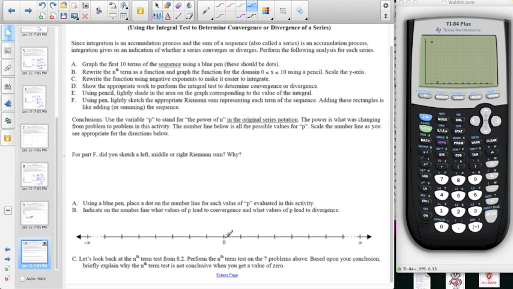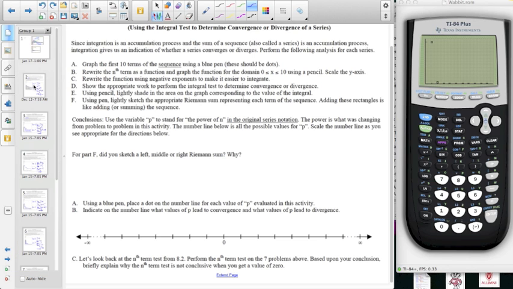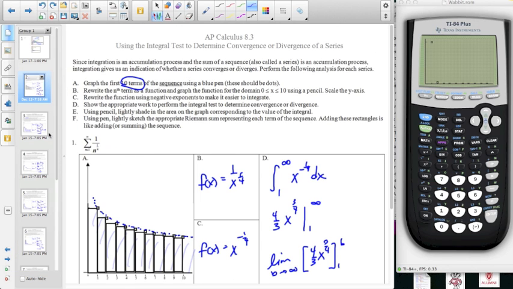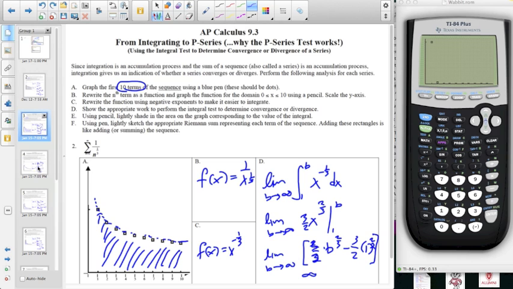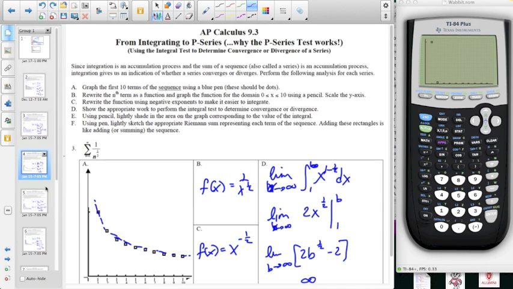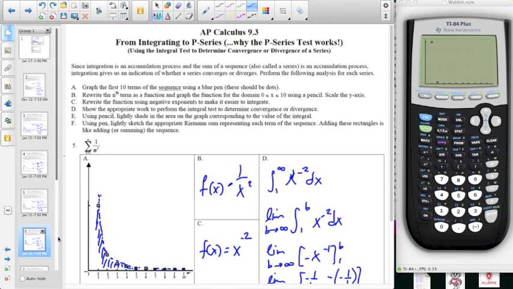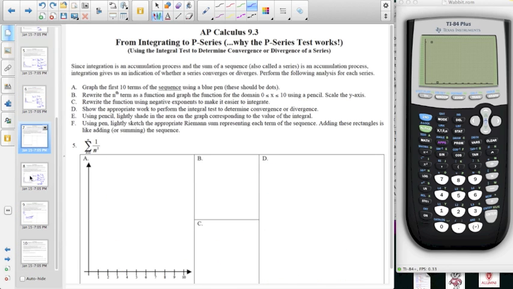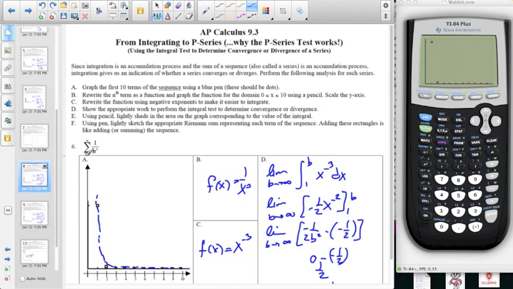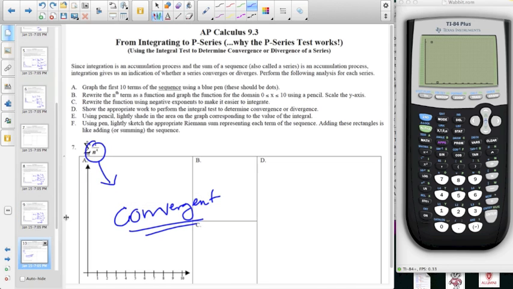So if we summarize what we found here, we had powers of 1/4, 1/3, 1/2, 1, 2, 3, and 4.